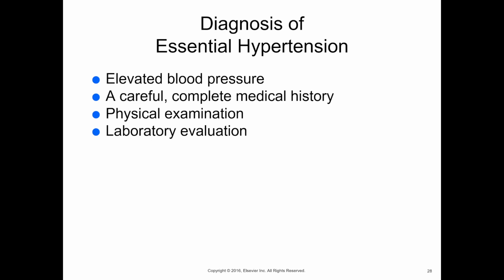Diagnosis, you're just measuring blood pressure. The standard level currently is 140 over 90 millimeters of mercury to have a diagnosis of essential hypertension, and you're looking for that level or higher on at least 3 subsequent presentations to the practitioner.